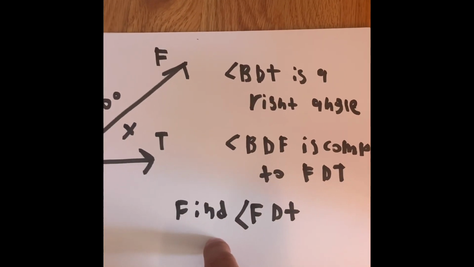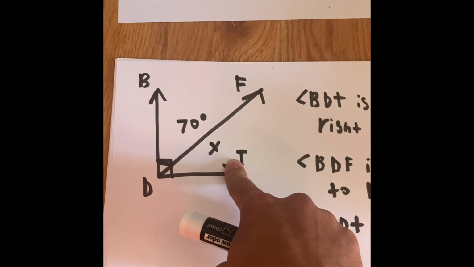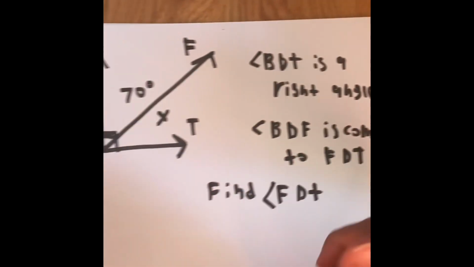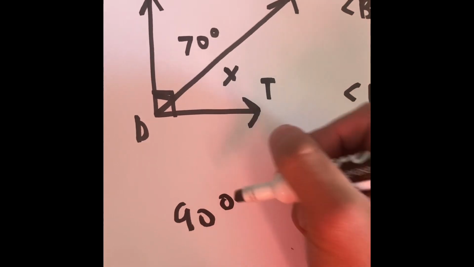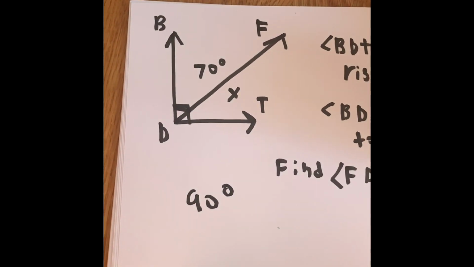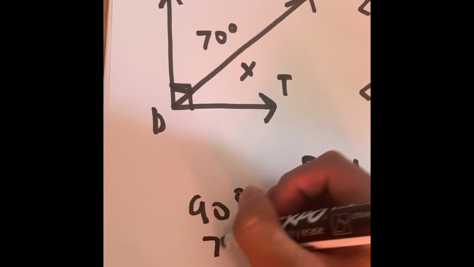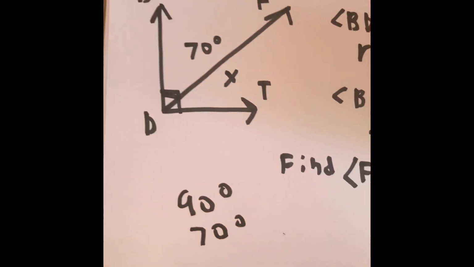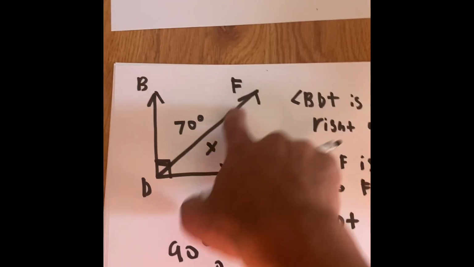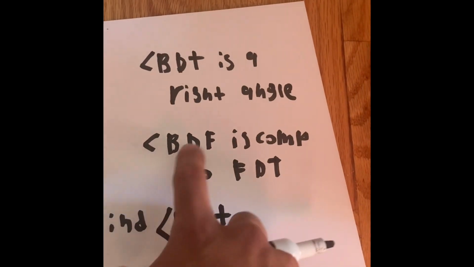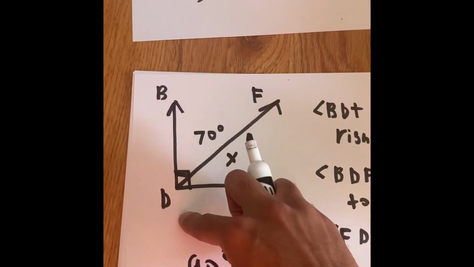We have to find the measurement of angle FDT. Since right angles are 90 degrees, we can write it right here. We can also say that BDF is 70 degrees. And the third thing is that we're trying to find FDT, and BDF and FDT are both angles that add to 90.